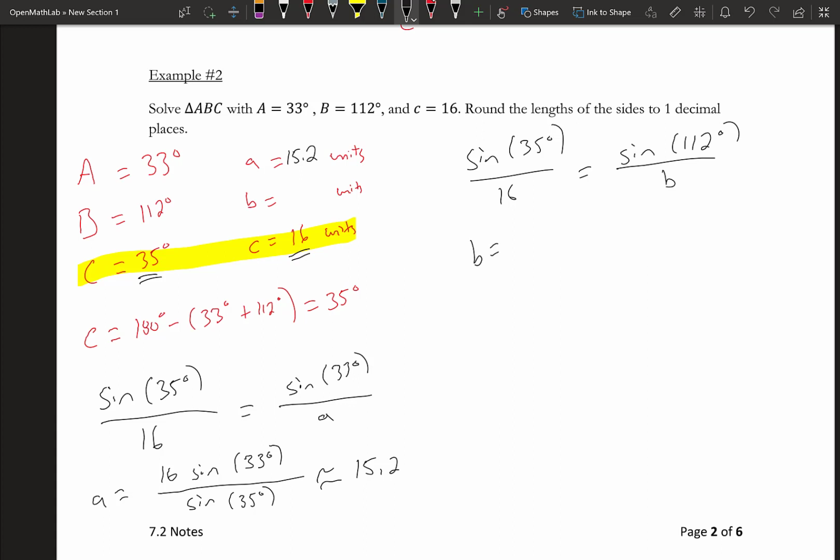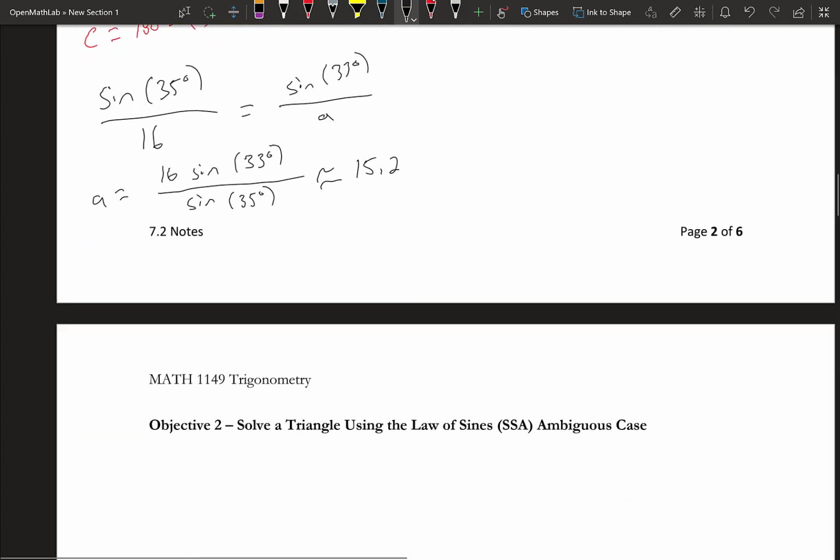So we just cross multiply and solve for B. So that would be equal to 16 sine of 112 degrees, all divided by sine of 35 degrees. So there's my exact answer. And then that decimal approximation comes out to be 25.9. If you plug that in your calculator, 25.9 units. Remember, we don't know if it's inches or feet or whatnot, so it's just generic units.